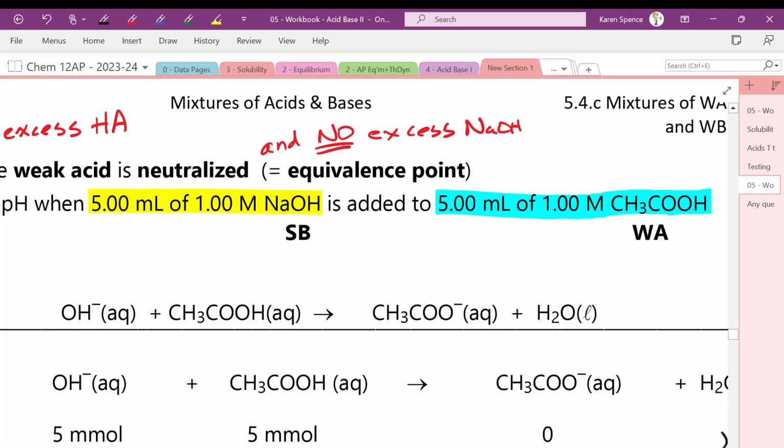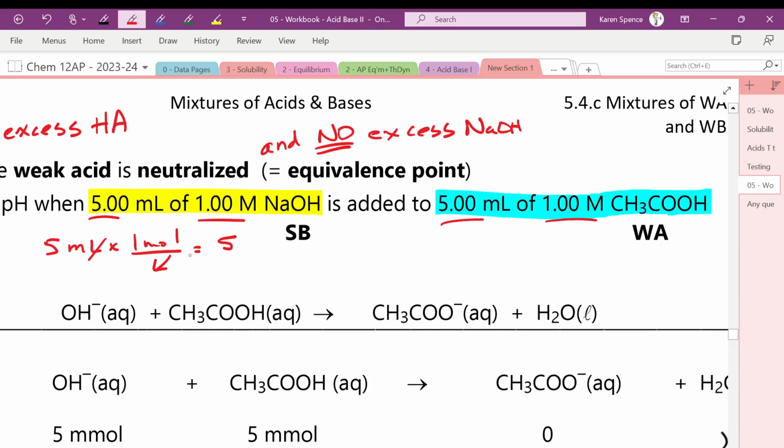So are those moles going to be the same? Five milliliters of 1 molar, 5 milliliters of 1 molar. Will the moles of each of those be the same? Yes. How many millimoles will we have of each? 5, because 5 milliliters times 1 mole per liter is 5.